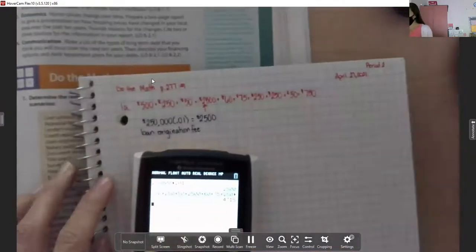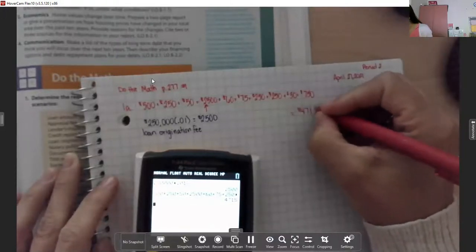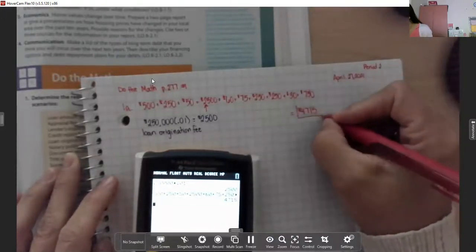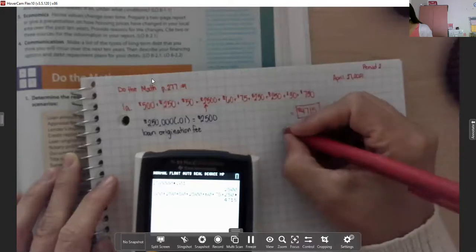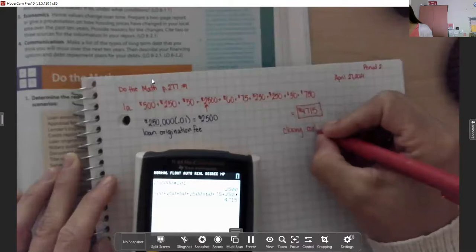Move that over for you guys. So those are the closing costs.